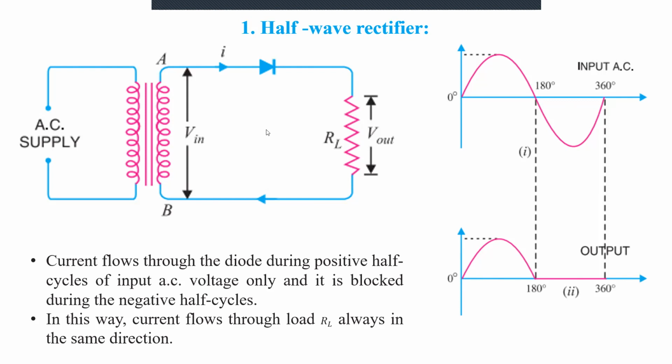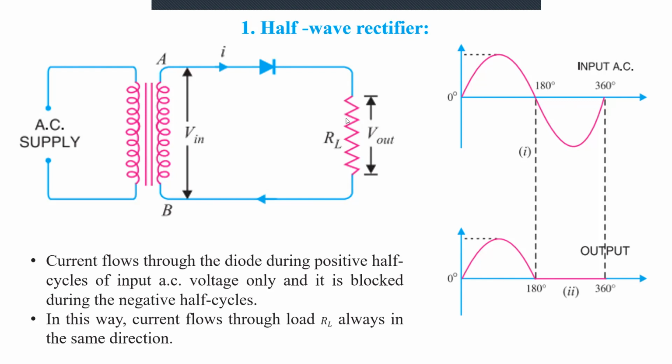That is the reason why this type of rectifier is called a half wave rectifier. Current will flow through the resistance only when the positive half cycle of the AC is fed to the circuit. During the negative half cycle, the current is not flowing through the load resistance.